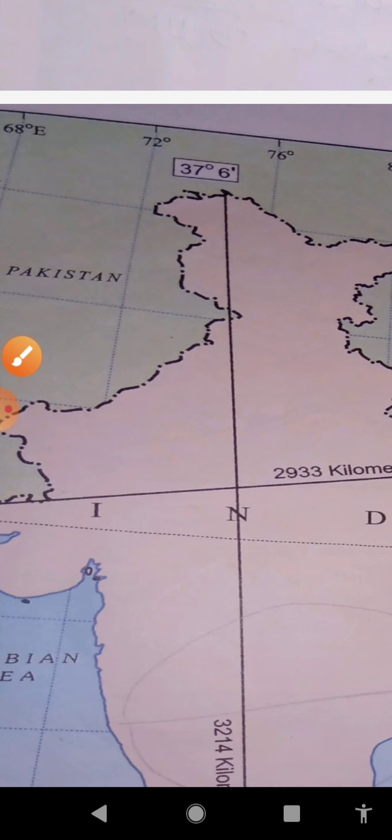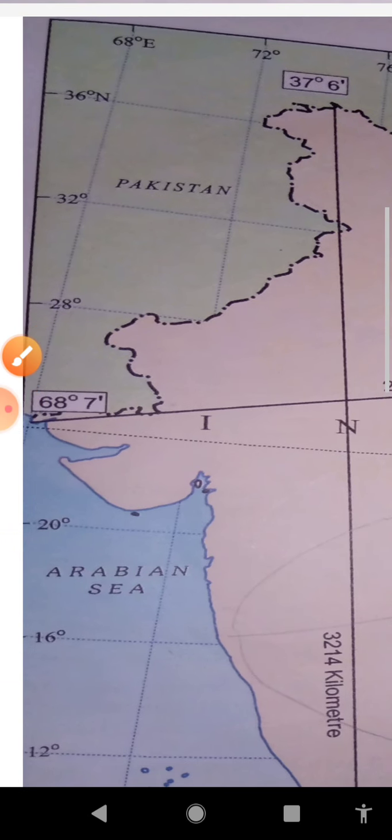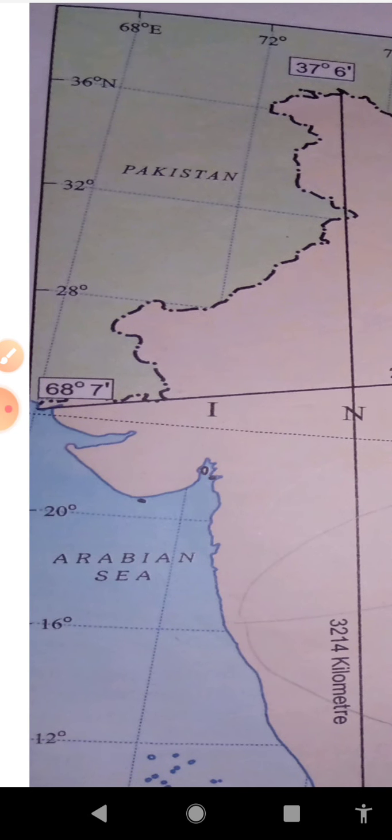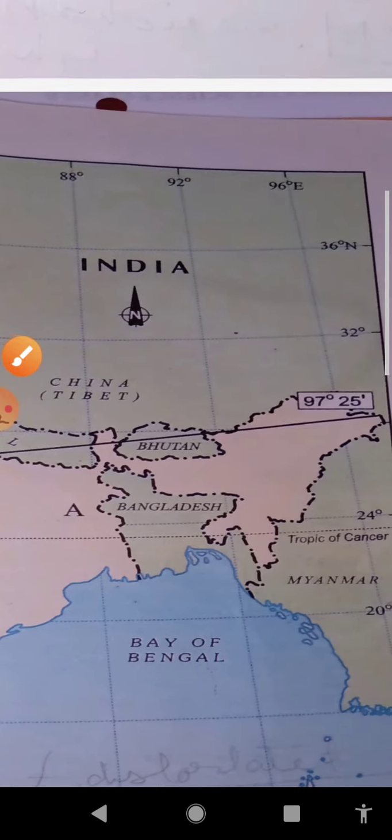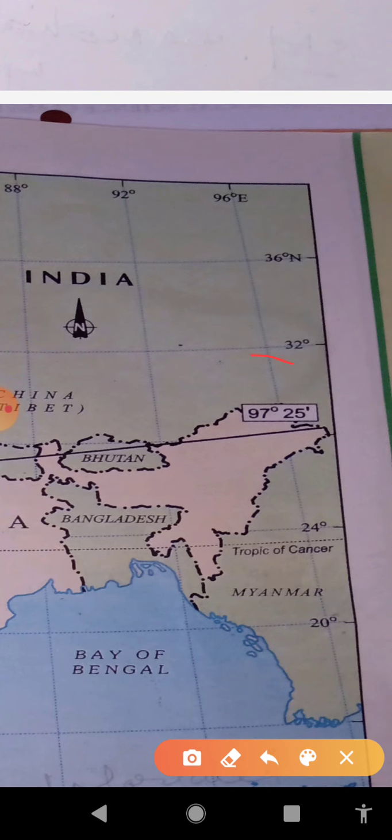And with regard to the longitudinal extent of our country, it is lying in between 68 degree 7 minute east to 97 degree 25 minute east.